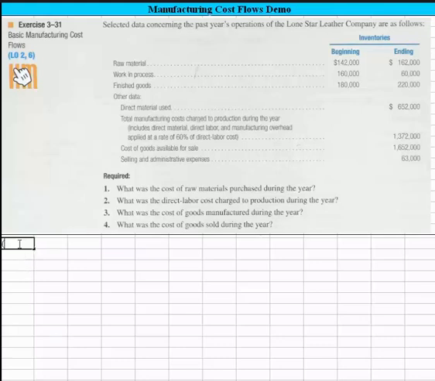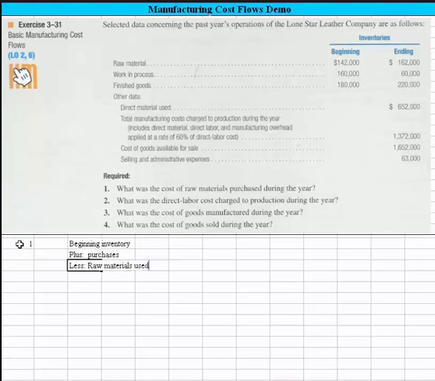So let's tackle the first one, which was what was the cost of raw materials purchased for the year. Okay, so let's do number one. Well, how do we determine it? I like to use a very simple formula. Beginning inventory plus purchases equals goods available, but I'm going to leave that off, and then we're going to say just deduct, or less, if you will, raw materials used.